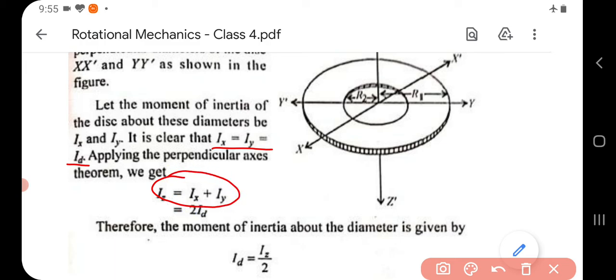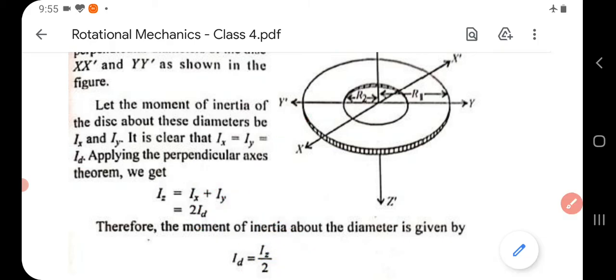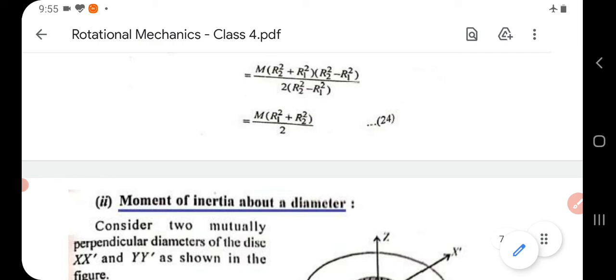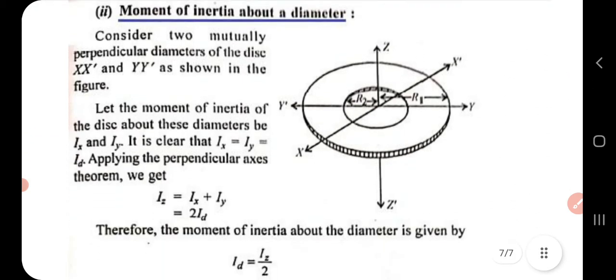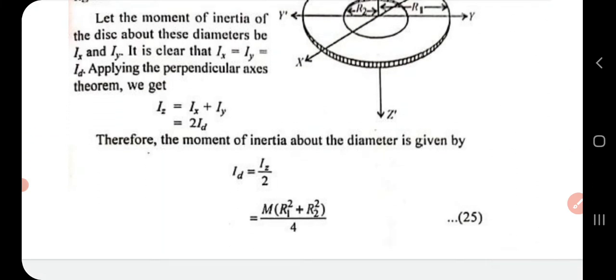Since Ix equals Iy equals Id, you can write this as 2Id. So Id will be Iz by 2. Now the expression for Iz you have already derived: the moment of inertia of the annular disk about the center, that is m into r1 square plus r2 square by 2. Just substitute that value in place of Iz. Then you will get the moment of inertia of the annular disk about a diameter, Id, as m into r1 square plus r2 square by 4.